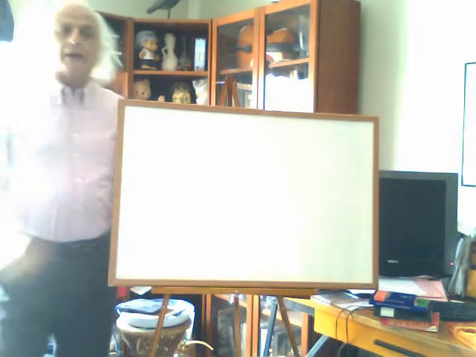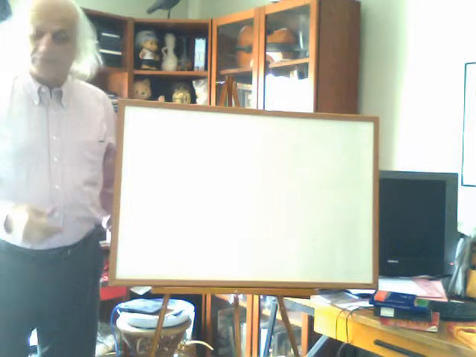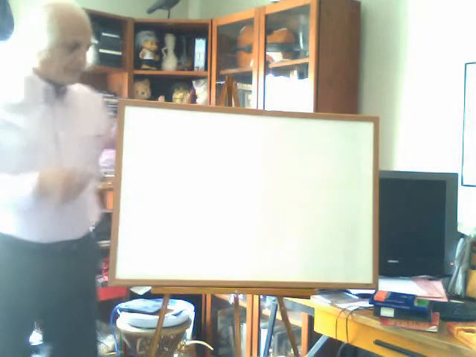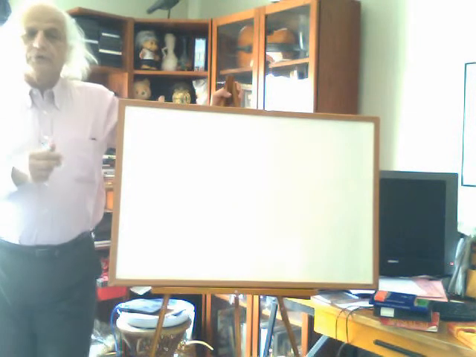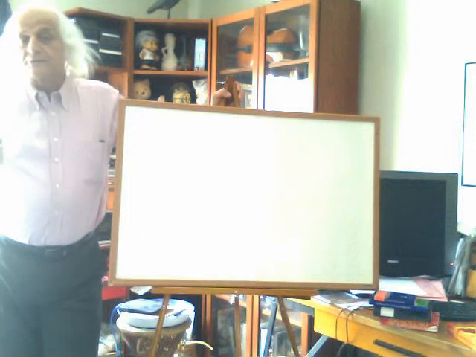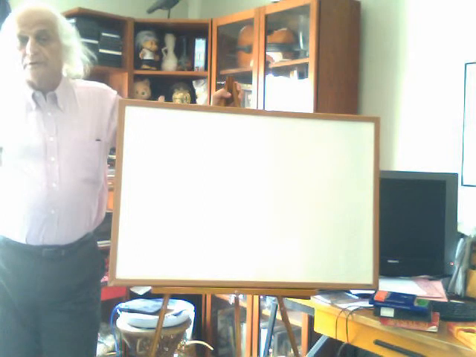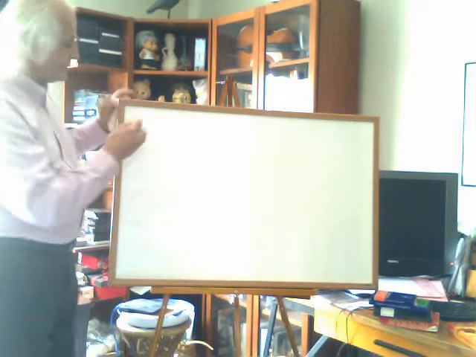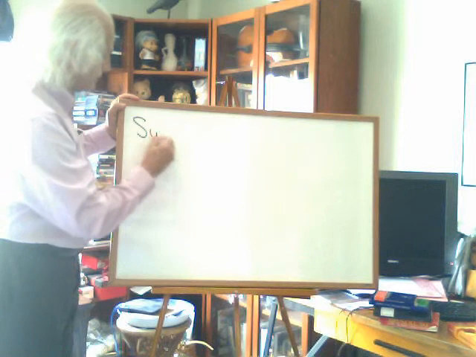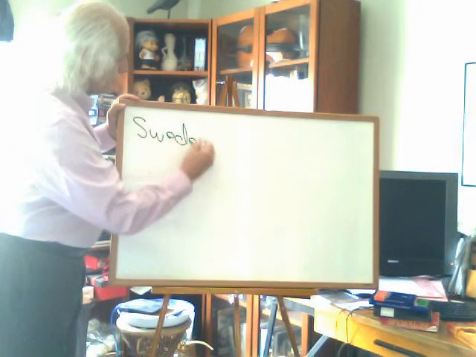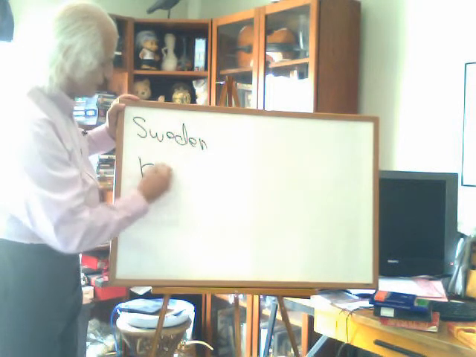If we are to go back to the ideas, by the way, of both Heckscher and Ohlin, one thing that they spoke about will be Sweden and the Kingdom of Saudi Arabia.